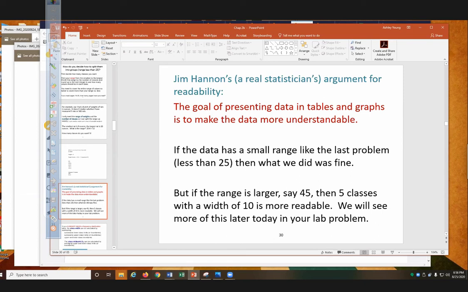That's easy to wrap your heads around, and easy for people to see. So typically, if your range is large enough, more than 25, then you're going to have class widths of 5 or 10 or 20, some more manageable numbers that we're used to.